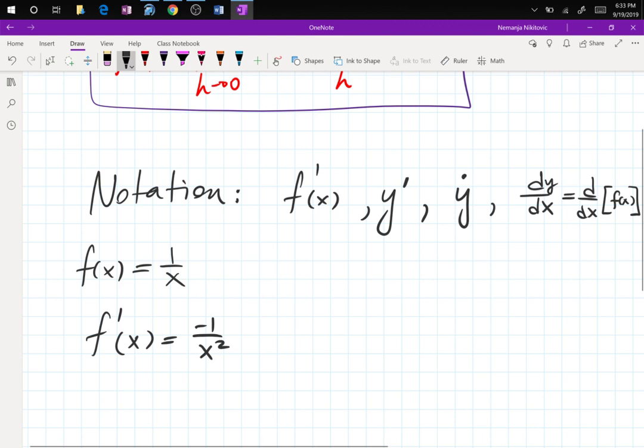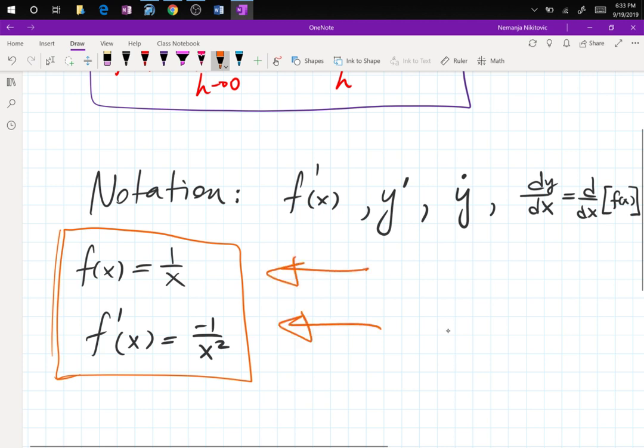It is not something that you are memorizing. You can memorize this because it is going to be frequent in your Calc 1, 2, 3, and differential equations to find the derivative of this function. You will do it many times. But right now I am focusing on the notation, and please note that you have two lines: one line for the function and another line for the derivative, and each one is labeled.